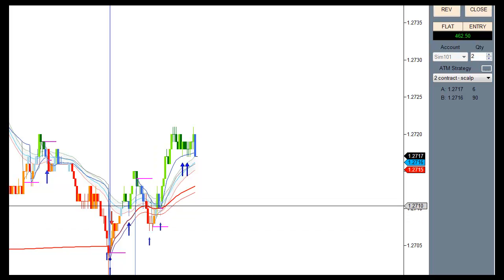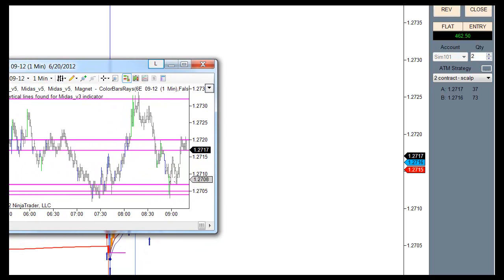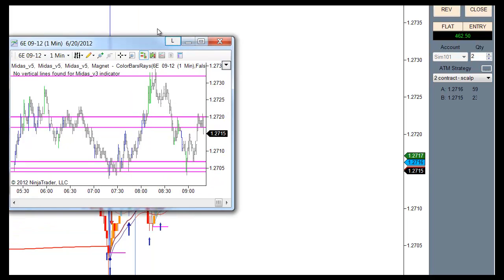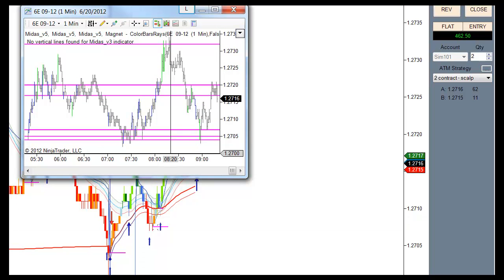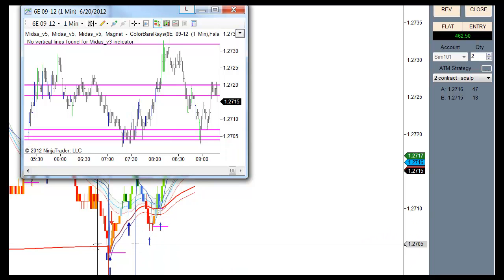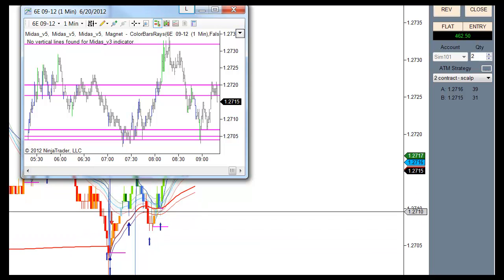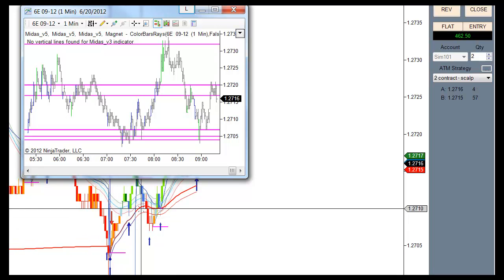Yeah, so this pullback did kind of break our support from this time frame. Let's just take a look here. Again, so this dip, 907. Yeah, you can see this. Let me just move this a little bit. This pullback right here didn't have any real visible reason to stay in on this chart, just because it momentarily broke through the Midas support.